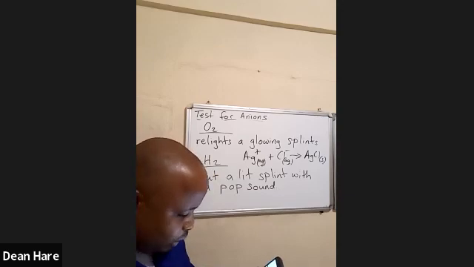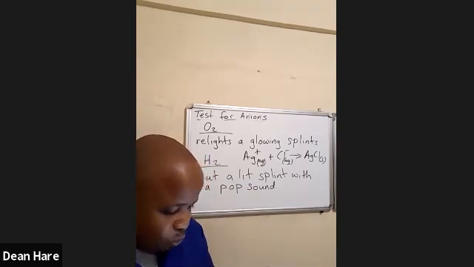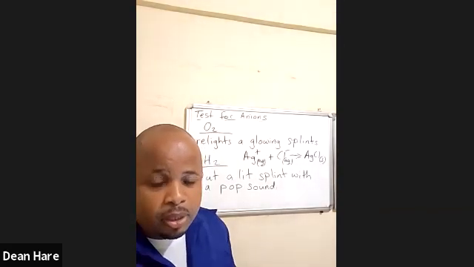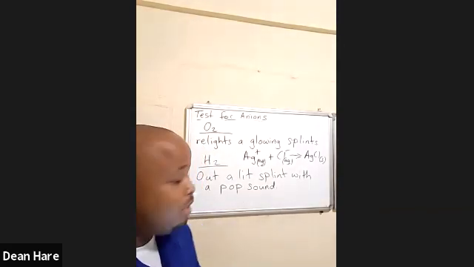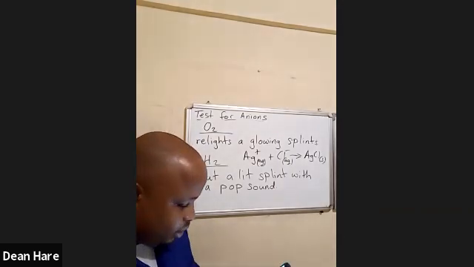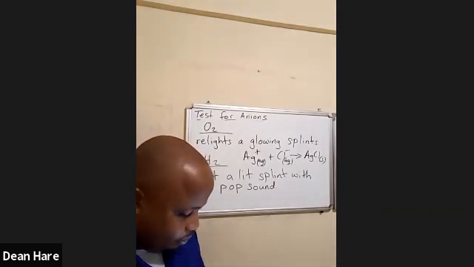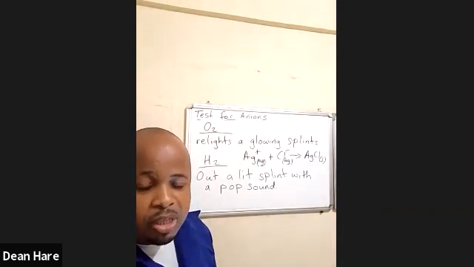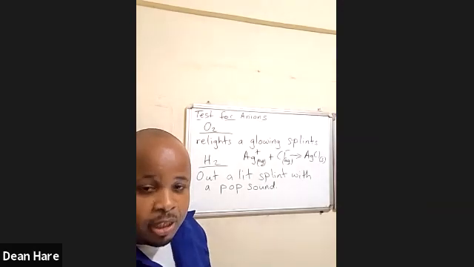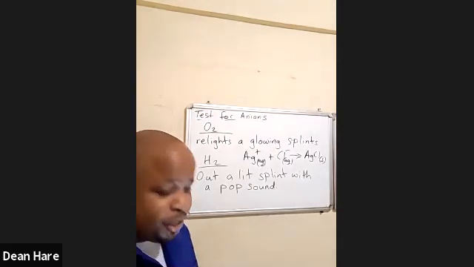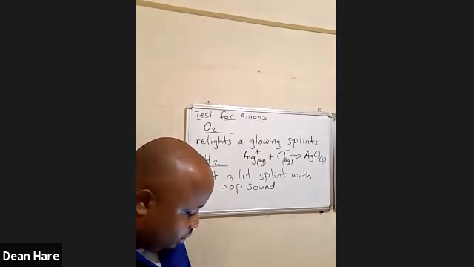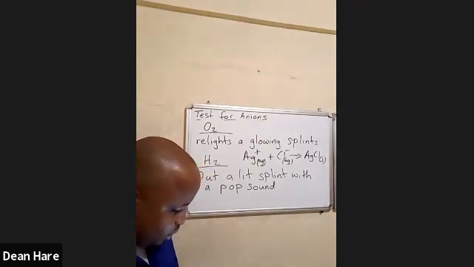The NO2 would confirm the presence of the nitrate ion, so it also put that the nitrate ion is present. Once we know which gas is present, we also know the ion that is present. If nitrogen dioxide is produced, it means that the nitrate ion is present. That's how we would answer that one.